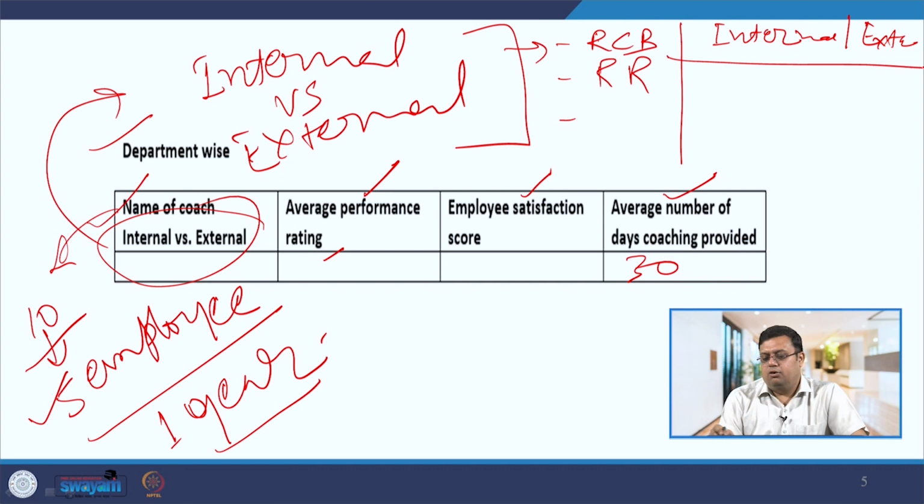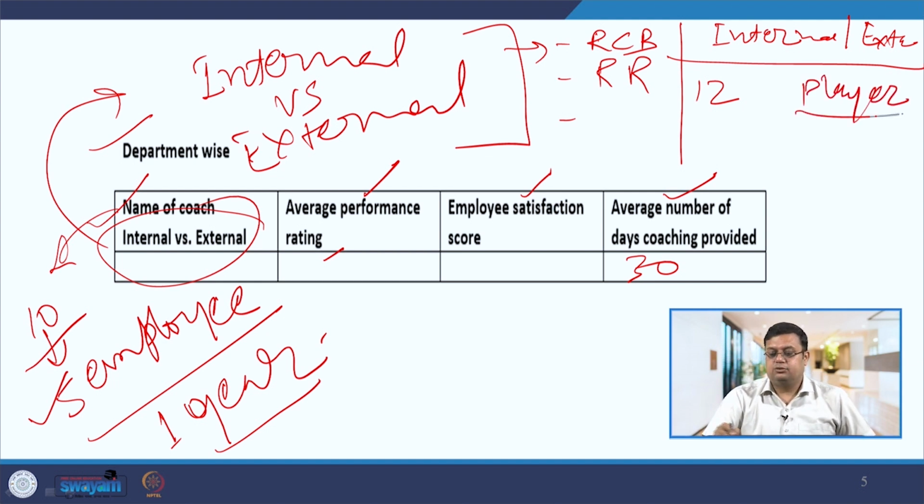Now you can see the data available, the numbers they have scored till now, and all the players' satisfaction. You can align that, and in both cases if it is high, that is how you can check the effectiveness of the coaches, whether internal coaches are effective or external coaches are effective.